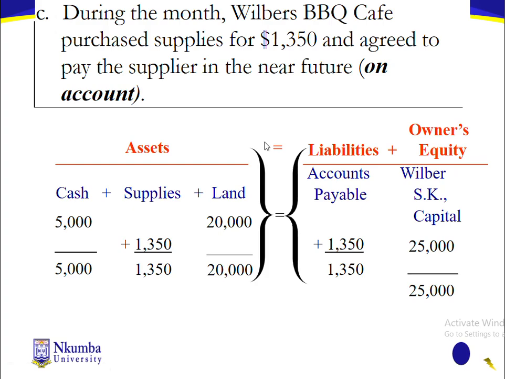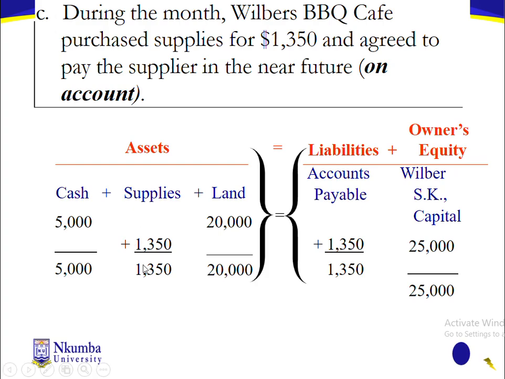So for this case, we've been looking at the purchasing of supplies on credit, where we had to increase the accounts payable by $1,350 and also increase the supplies account by $1,350.